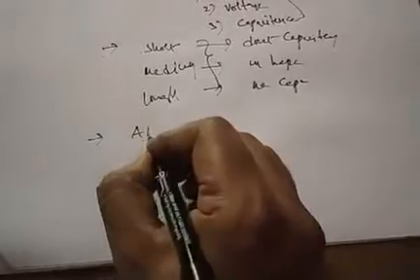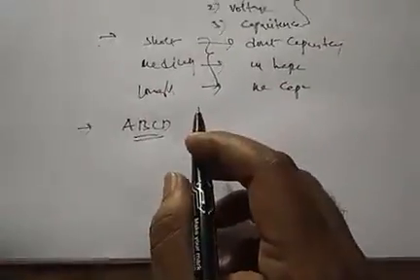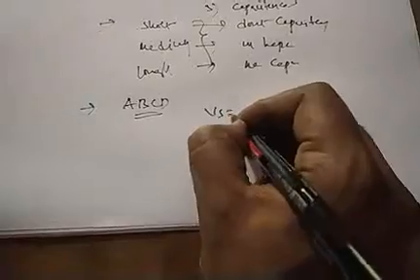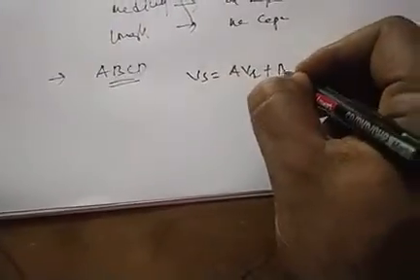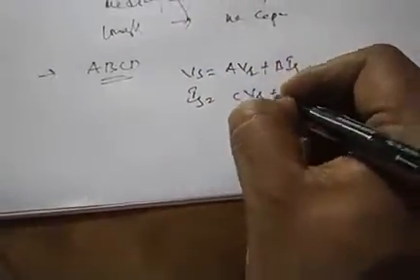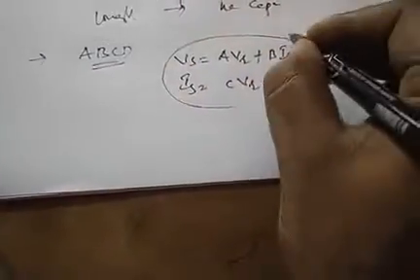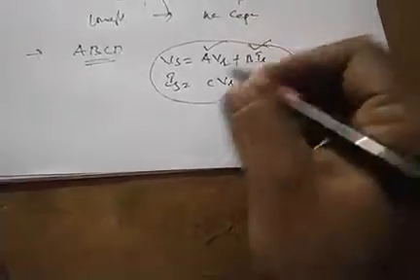Those are A, B, C, D. The generalized equations are Vs = A VR + B IR, and Is = C VR + D IR. With these you can find the values of A, B, C, D.